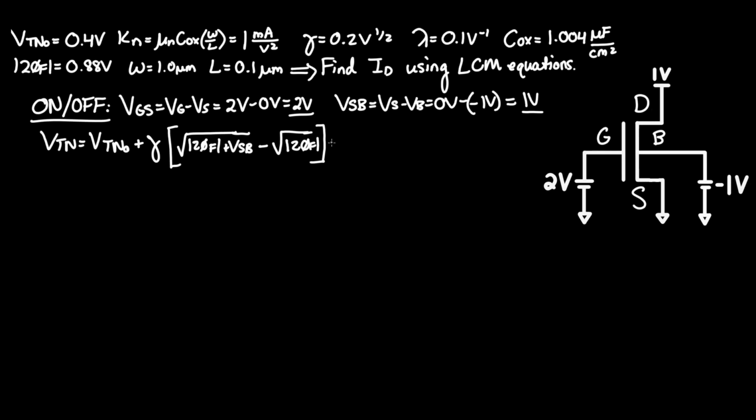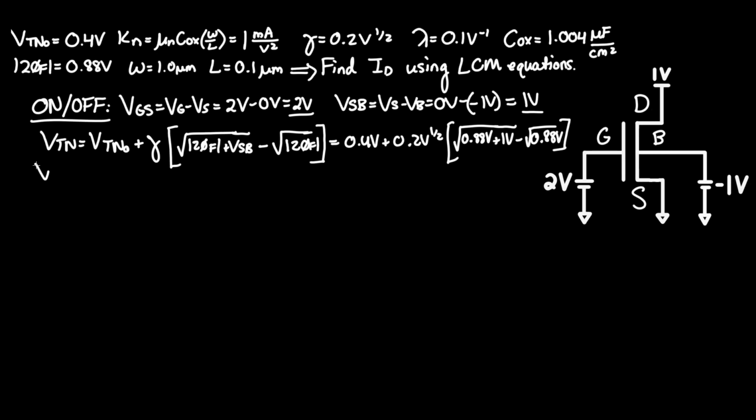So we will say that this equals 0.4 volts, which was given up here as VTNO, plus 0.2 volts to the 1/2 times square root of 0.88 volts plus 1 volt minus the square root of 0.88 volts.